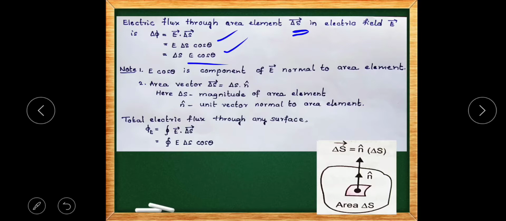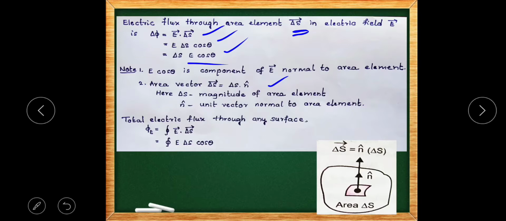Here delta S is also a vector quantity. Here we have written vector E dot vector delta S. It can be written like this: area vector delta S equals delta S into n cap, where delta S is the magnitude of the area element and n cap is the unit vector normal, or perpendicular, to the area element.